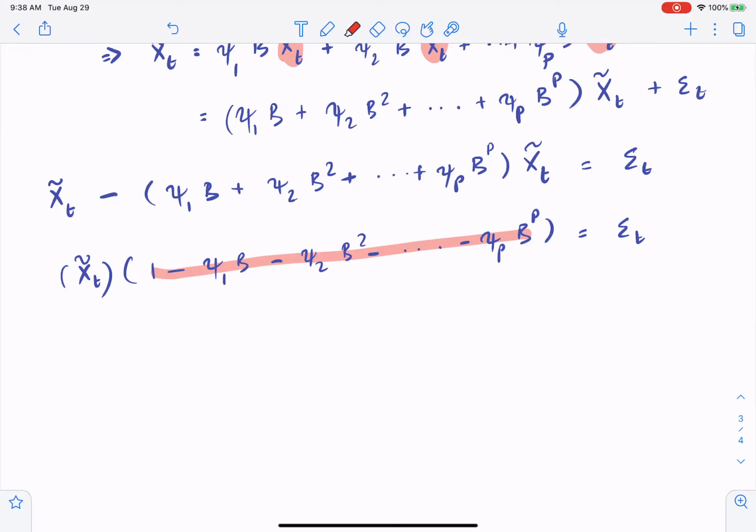The highlighted expression, does it remind you of something from algebra? I'll give you a hint. I used that word.